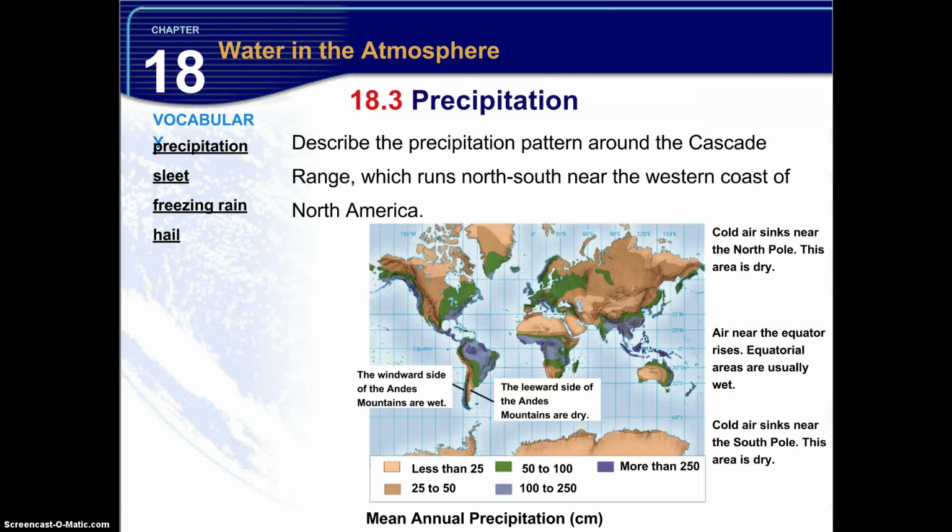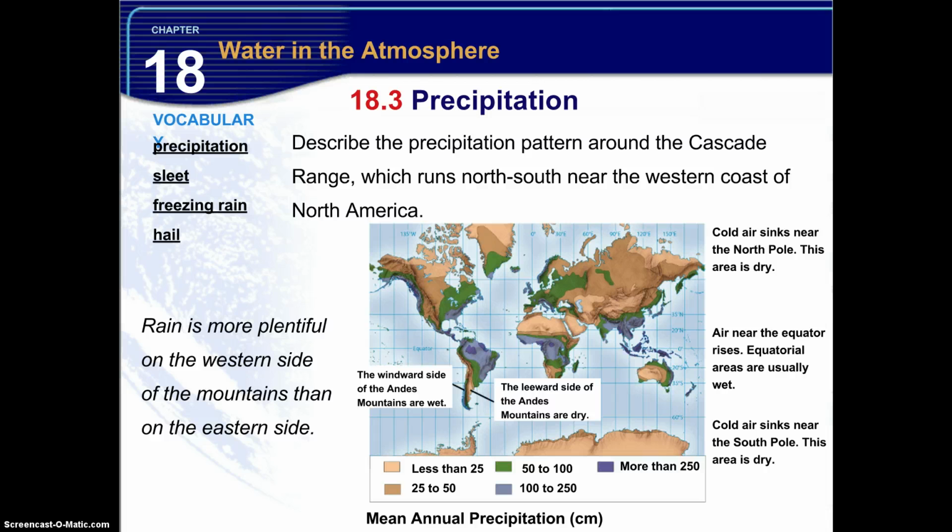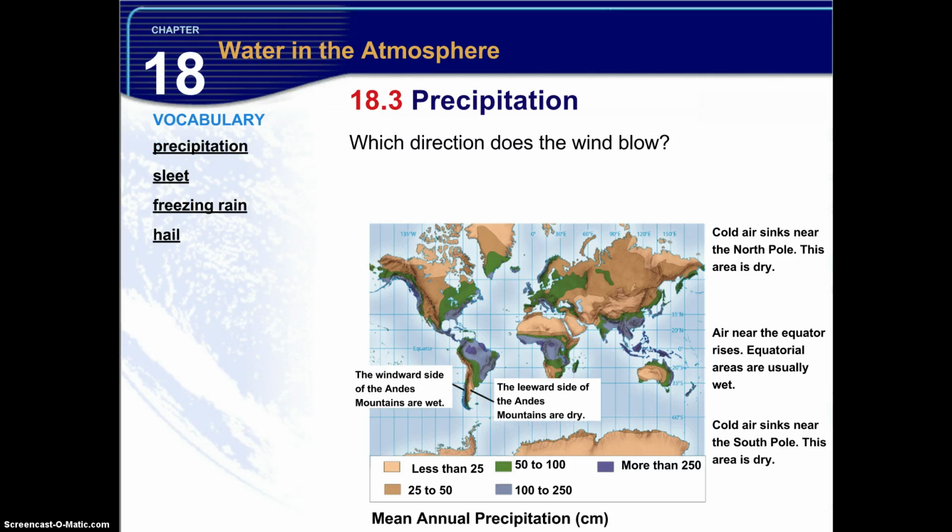So let's look at the precipitation pattern around the Cascade Range, which runs north-south near the western coast of North America. Locate that region, and you'll notice that rain is more plentiful on the western side of the mountains than on the eastern side. So which direction does the wind blow?